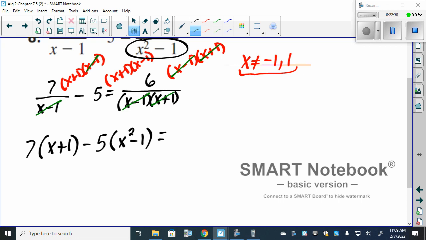So it's not wrong to put x plus 1 times x minus 1, because if we multiply those back together, we would get back to x squared minus 1. So we can just write x squared minus 1. But if we had written out x plus 1 times x minus 1, when we go through the next step of multiplying them together, we would get back to x squared minus 1.